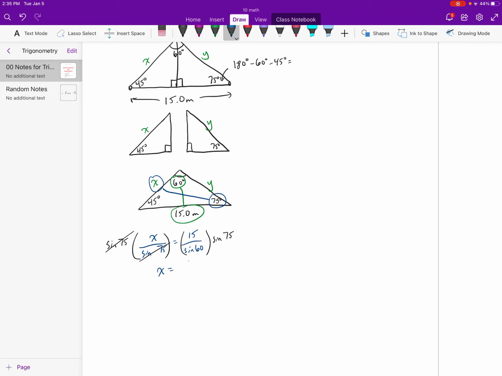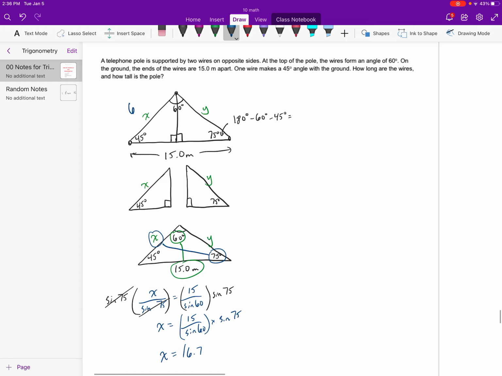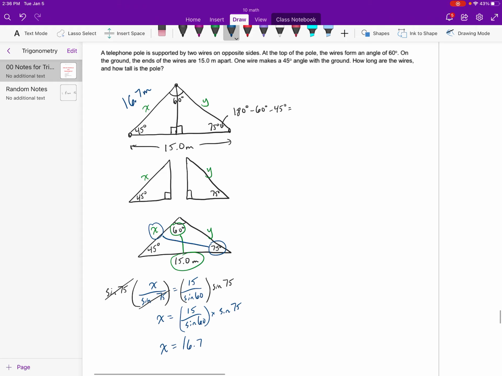Now we have x equals 15 over sine 60 times sine 75. We're going to type that into our calculators. So 15 divided by sine 60, and you get 16.7. So we know that this length right here is 16.7 meters.